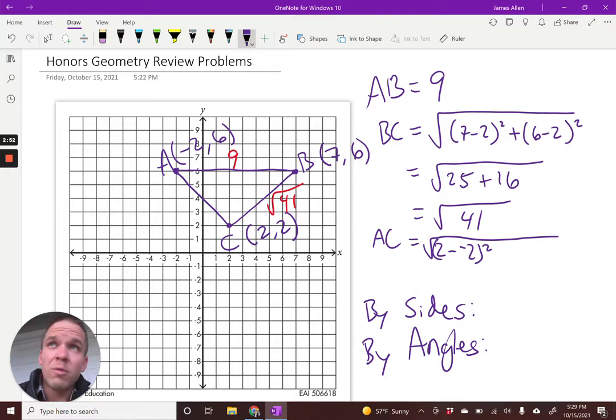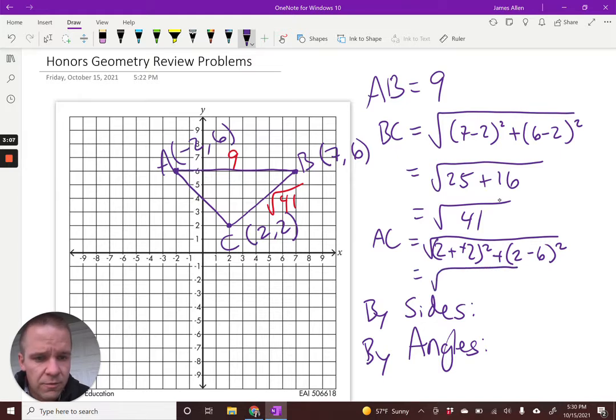Unlike slope formula, where if you switch them around, it can screw things up. Okay, little sidebar there. And then we have 2 minus 6, so I get -4. 4 squared is 16, plus -4 squared is 16. So I get 32.